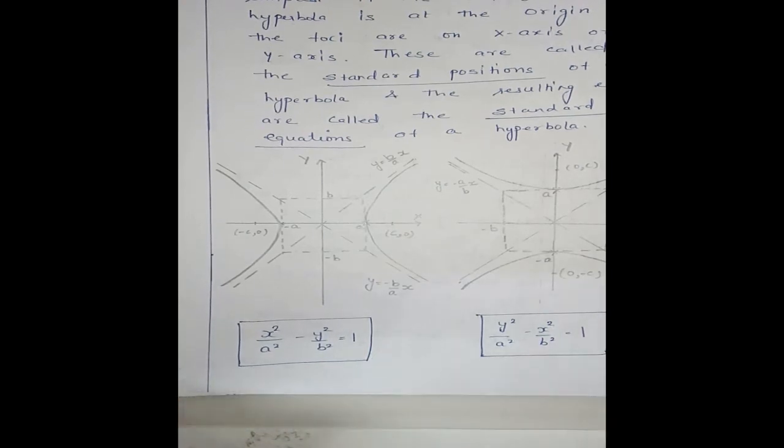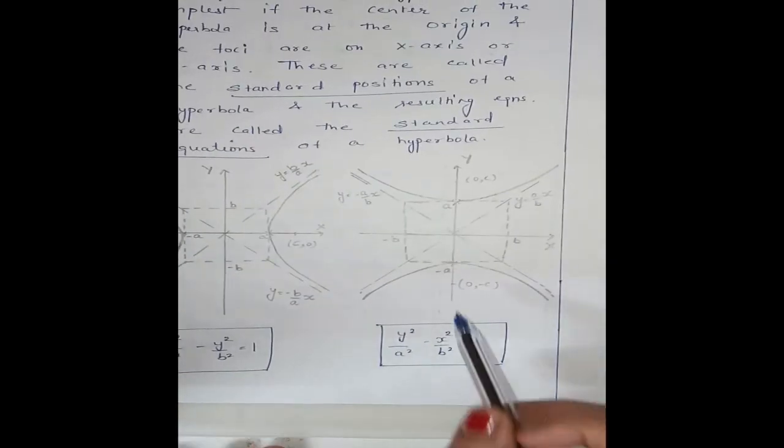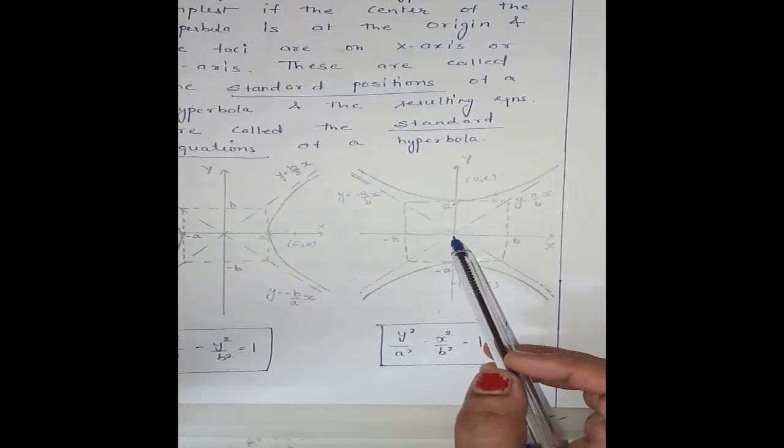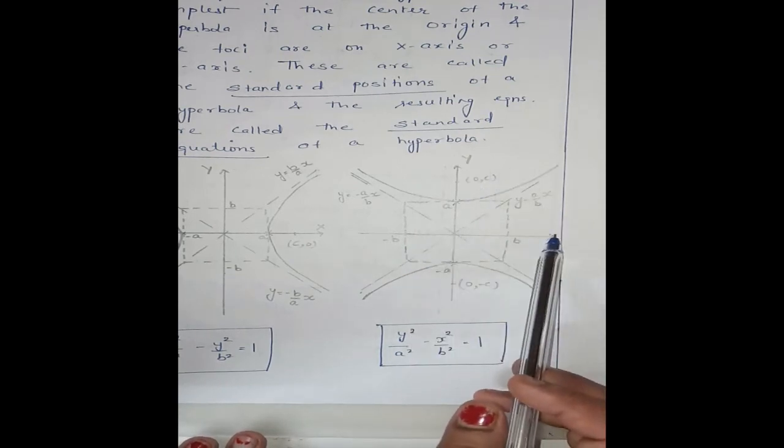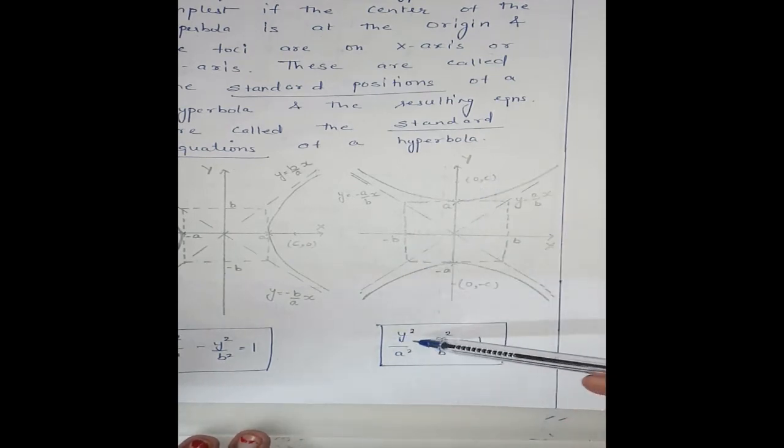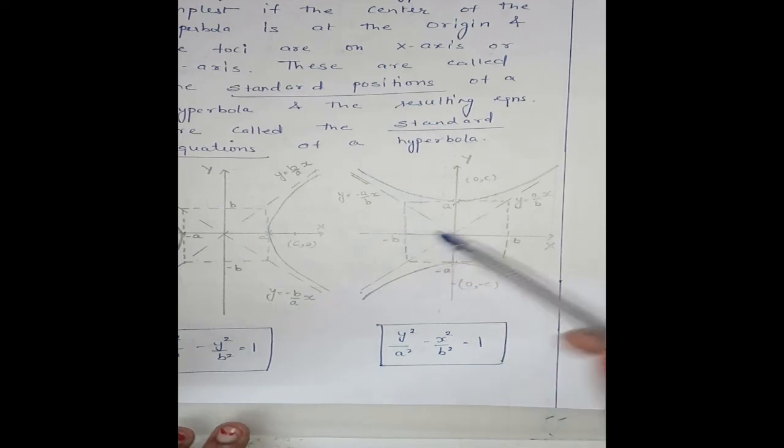This is the first standard position, and second is this, when the focal axis is along the y-axis and the conjugate axis is along the x-axis. Then the equation is y square by a square minus x square by b square is equal to 1. Okay, and these two are the asymptotes.